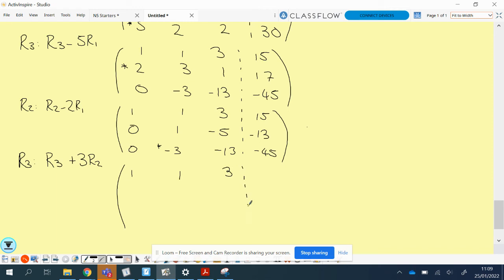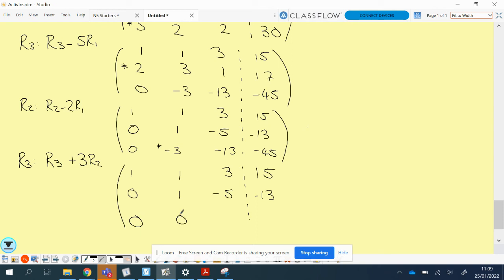So again, row 1 doesn't change. Row 2 doesn't change now, so that's still 1, negative 5 and negative 13, whereas negative 13 was 0 at the front. And the good thing is that 0 at the bottom corner will stay because it just bounces off another 0. Negative 3 plus 3 lots of 1, well that is 0, that's what we wanted.